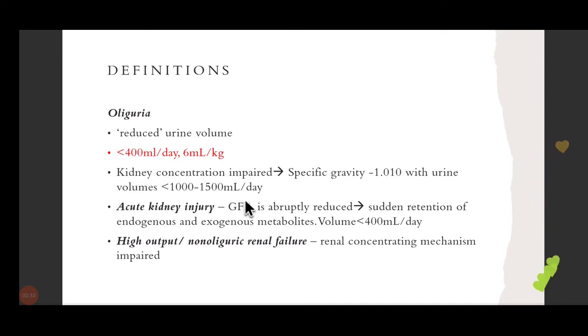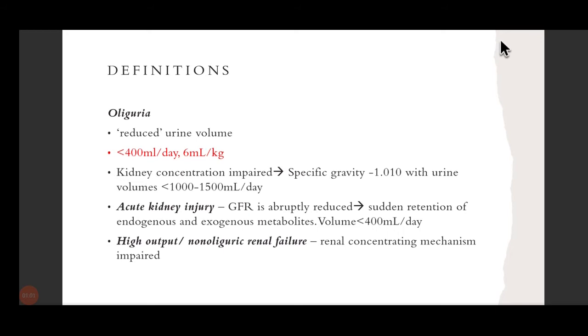The mechanism or the pathology involved here is that the kidney concentration is impaired, which results in poor filtration of the body fluids, and a fixed specific gravity of the urine of 1.010, even when the volumes are high enough.